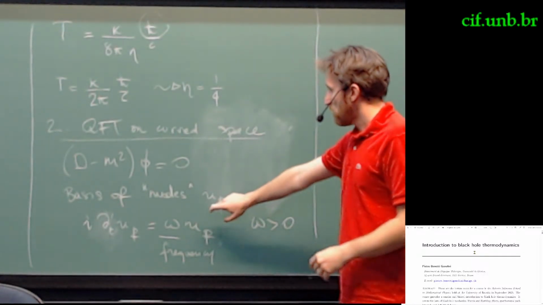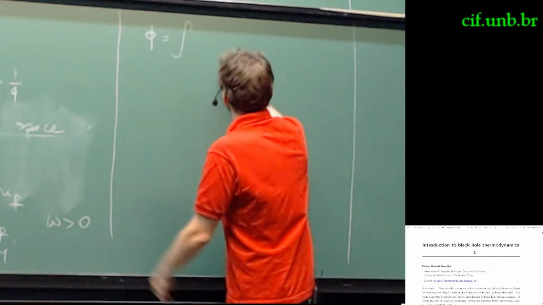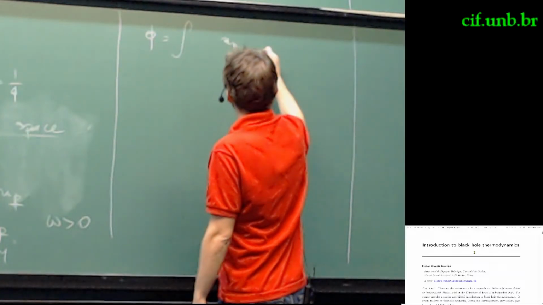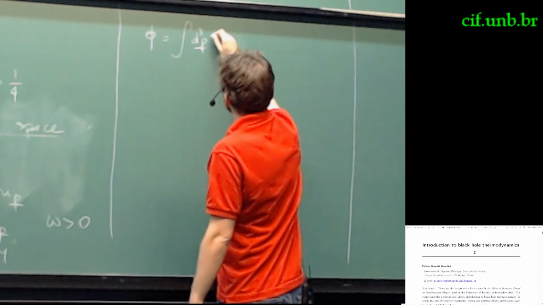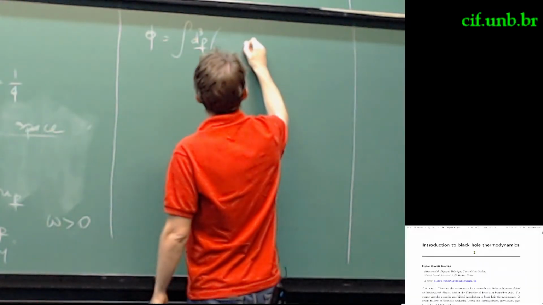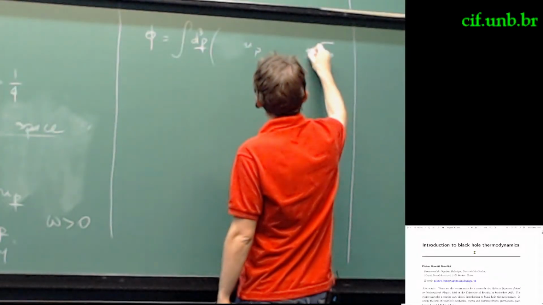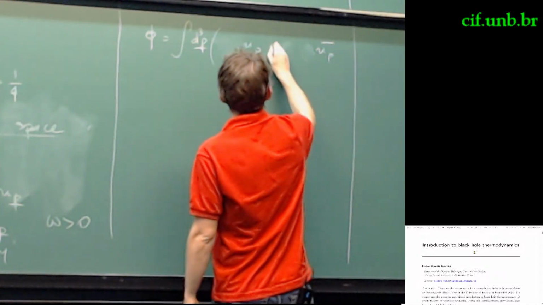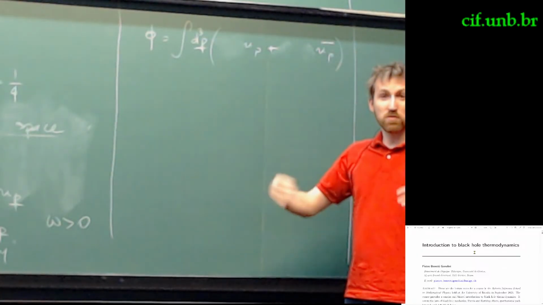So in particular, when we expand phi on this basis of U_p, so integrate on p, say that we are in 4 dimensions. Okay. And then I call the coefficients, then I do the quantization.